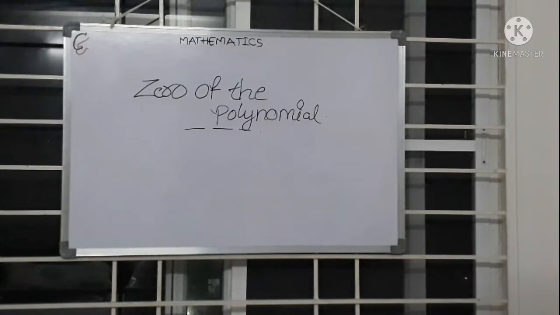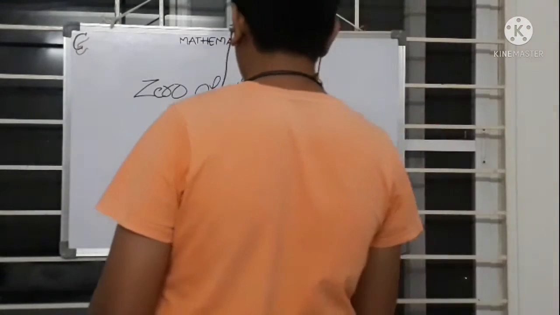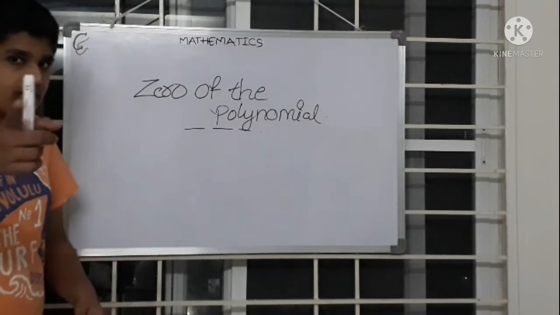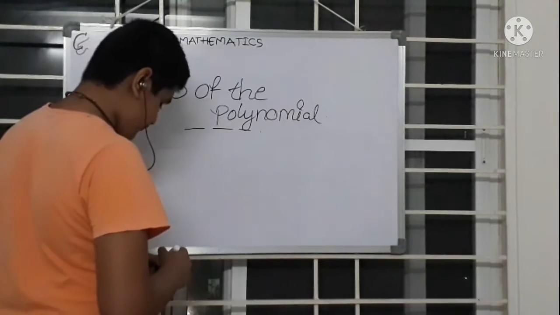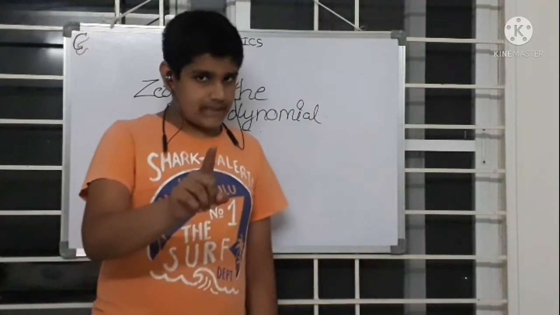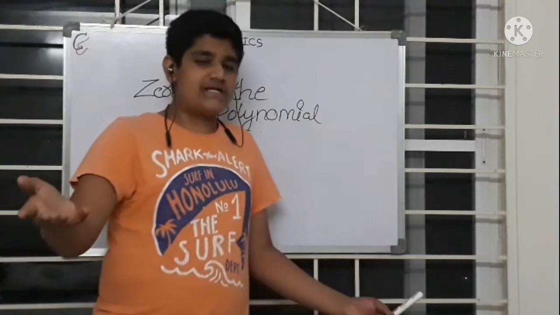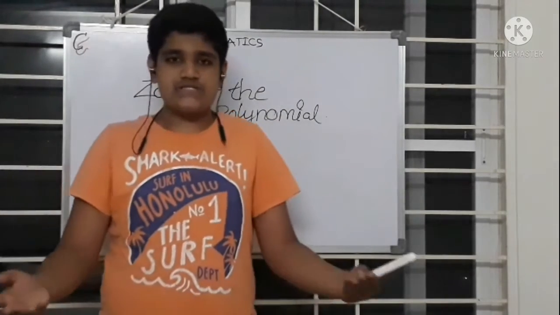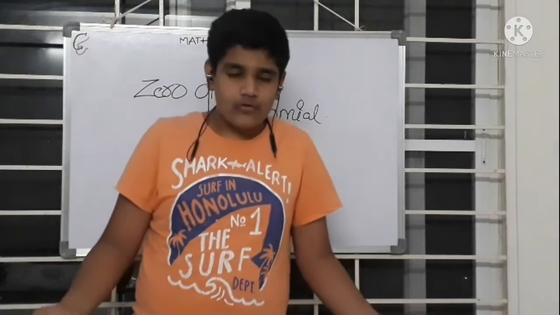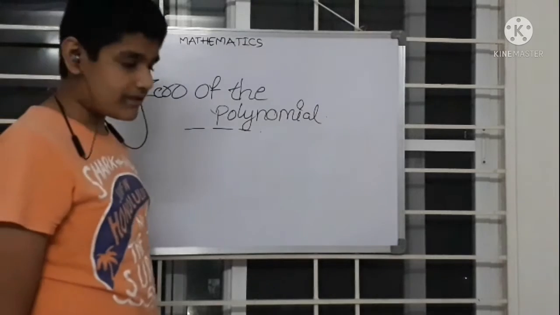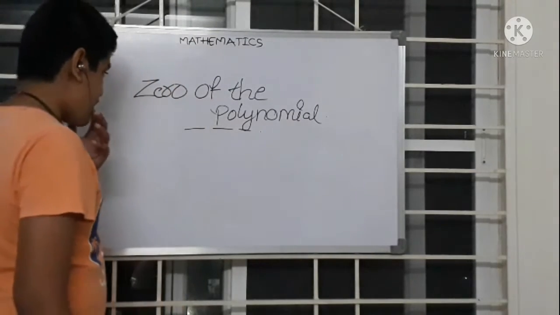Before, I told you about the zero polynomial. Zero polynomial means that if a polynomial is equal to 0, then that is known as a zero polynomial. That's all. Now, what is meant by the zero of a polynomial?